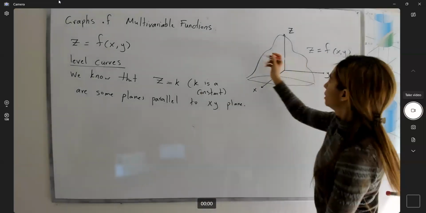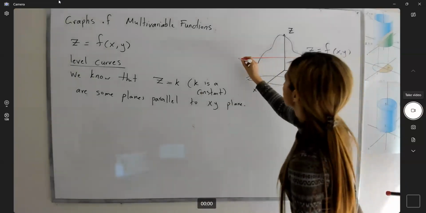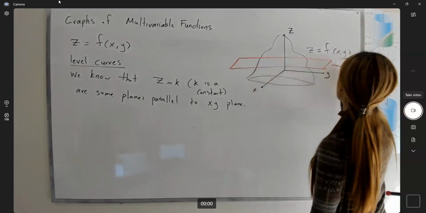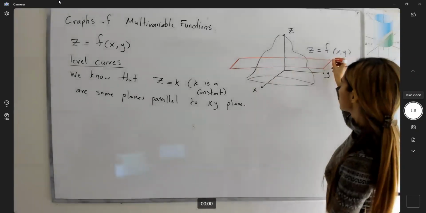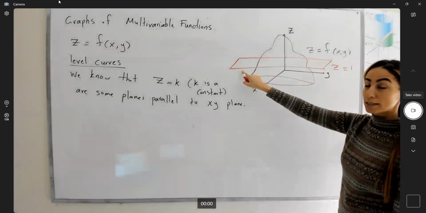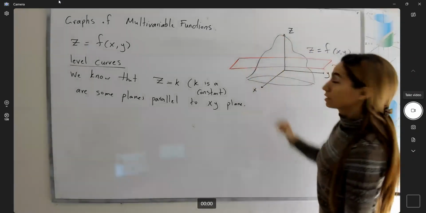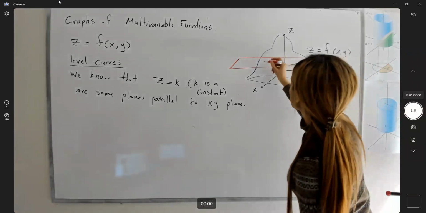Here I'm taking this plane, z equals, for example, 1. I look at the slice of intersection between z equals 1 and this three-dimensional object, this surface, whatever it is. There is an intersection here.